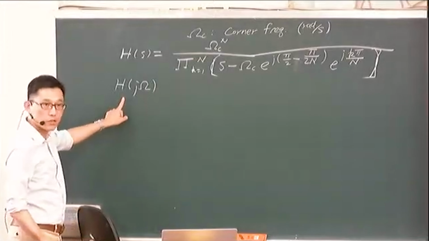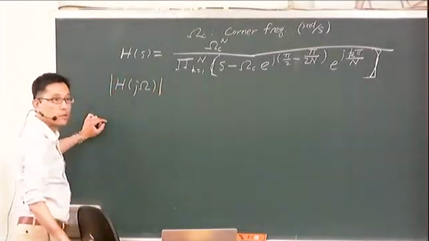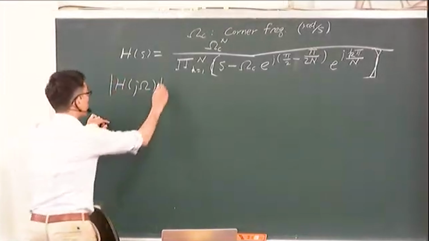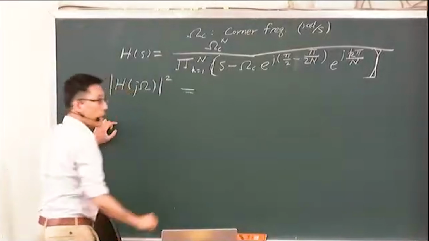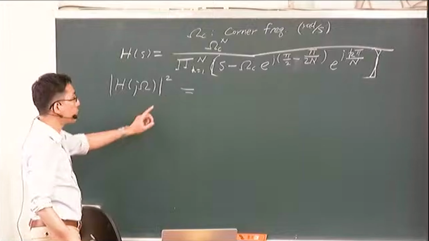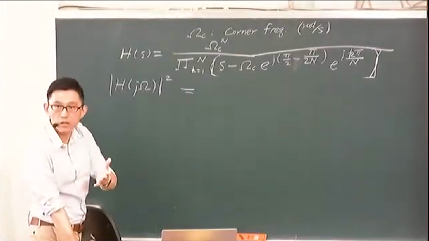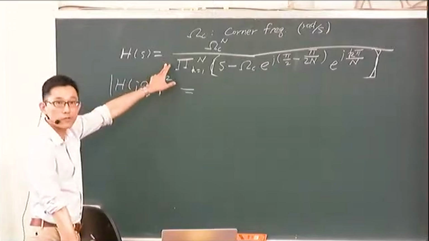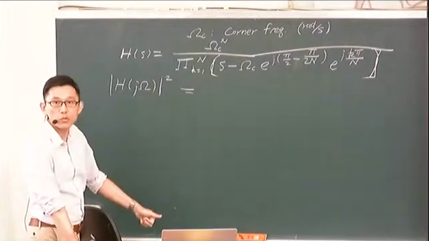If we consider the magnitude squared in particular, we're going to show that it turns out this magnitude response has a very simple form. That's an important message I want to deliver.